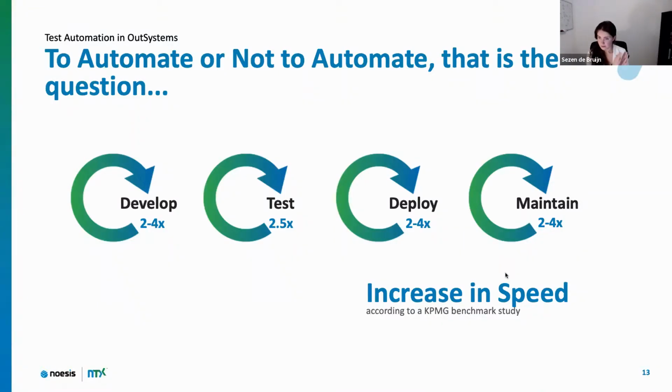So to summarize what I've talked about, I told you a little bit about OutSystems. Then I told you that within OutSystems, we already have some quality assurance methods in place, right, to help you do well.